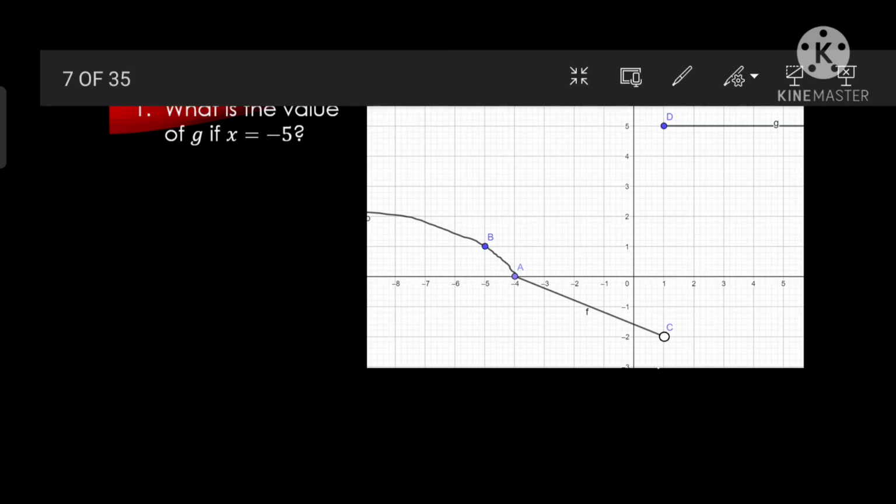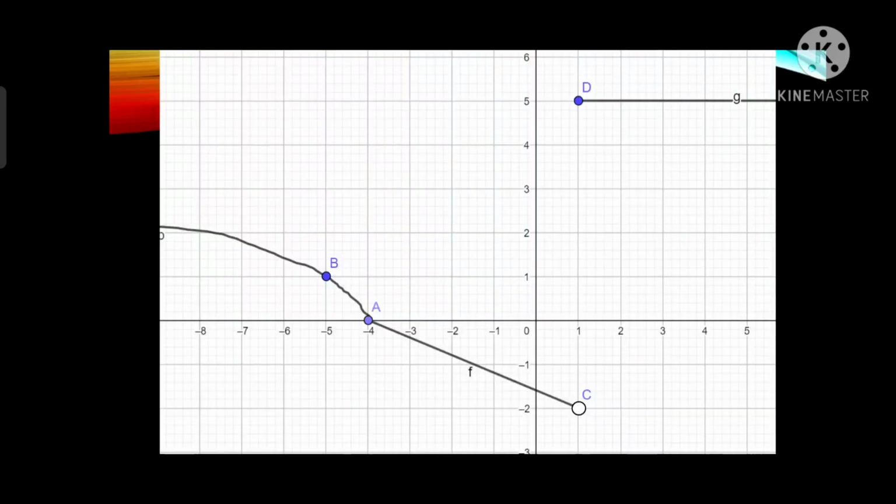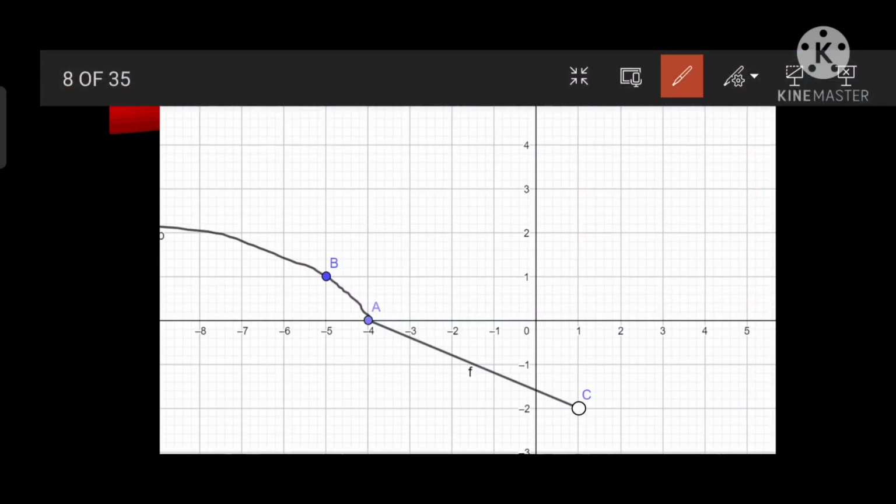As I've said earlier, it simply involves three simple steps. The first step is we're going to find the x value on the x-axis. In the first question, what is the value of g of x if x is equal to -5? That means we are going to mark -5 on the x-axis.